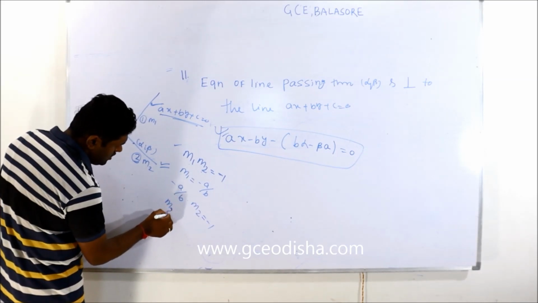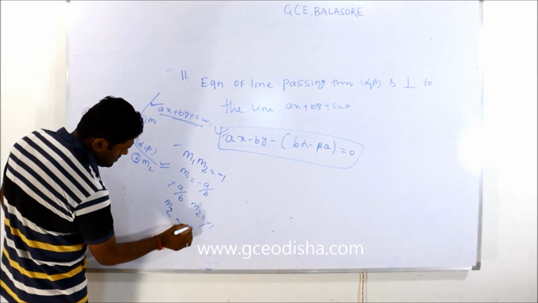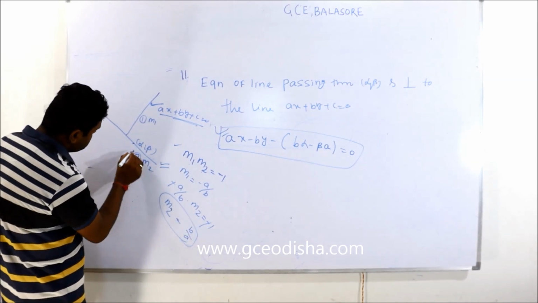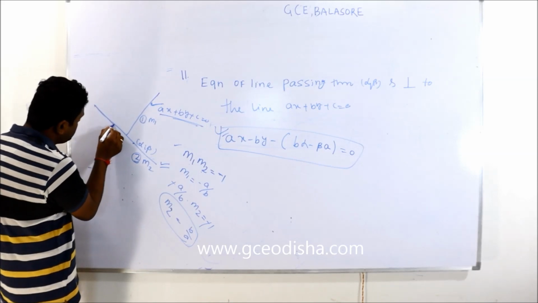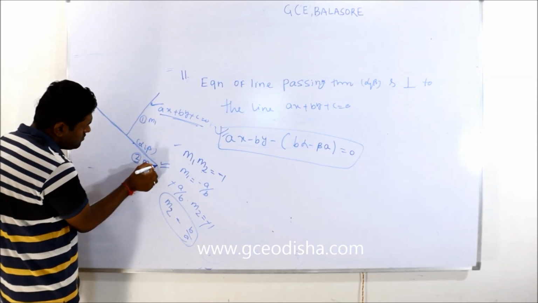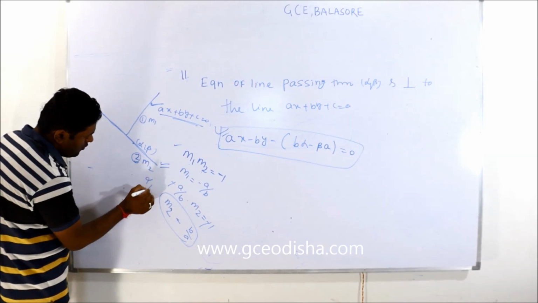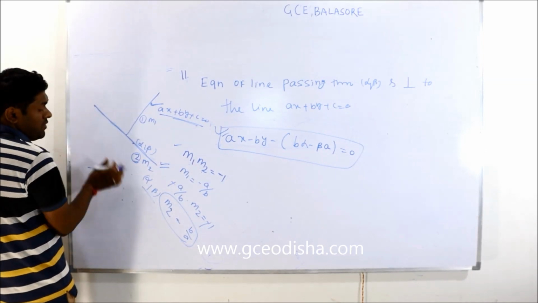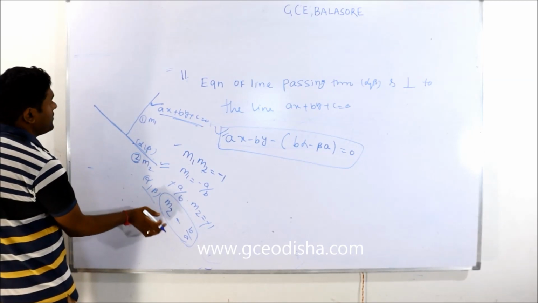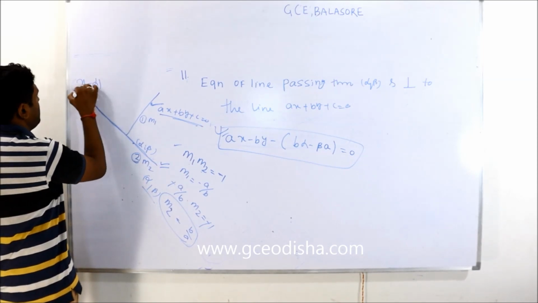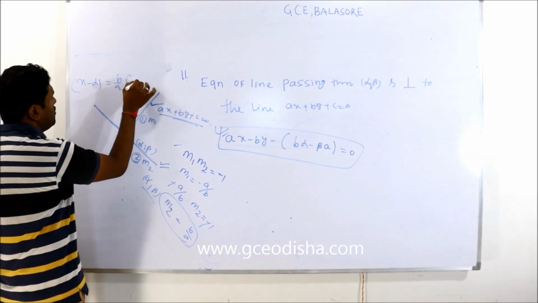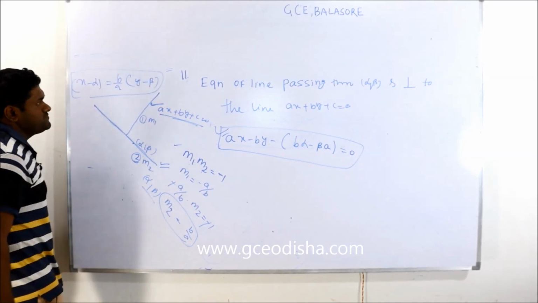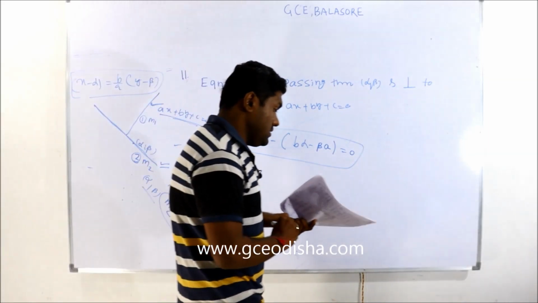Then how much will m2 be? m2 is b by a. So b by a is the slope of the line, and one point is given. Then how can you find the equation? Same as before: if the slope and one point are given, then x minus alpha is equal to the slope into y minus beta. This is the equation of the straight line. Okay.